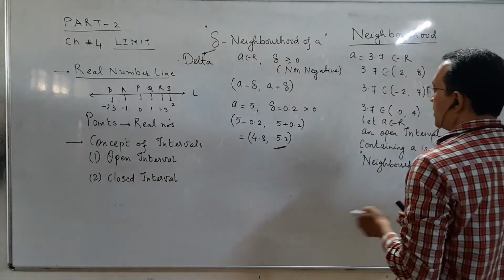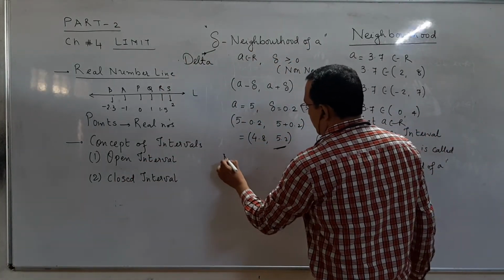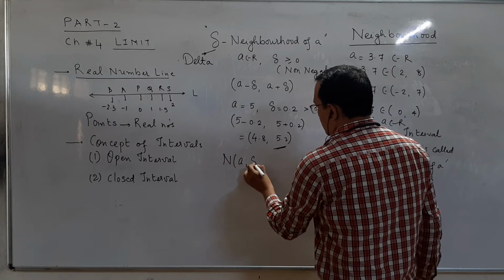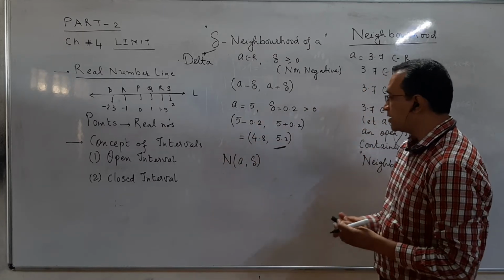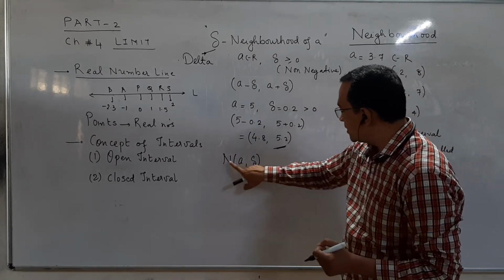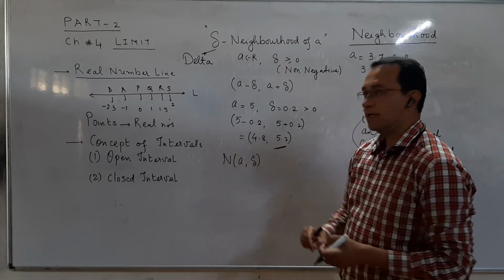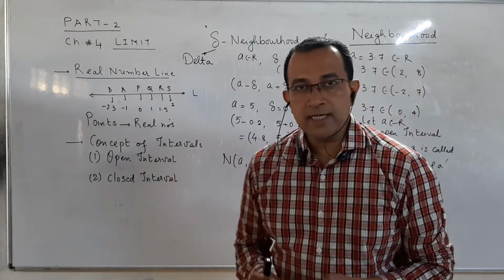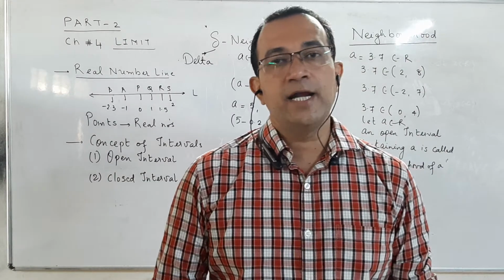Delta neighborhood of A is denoted by N(A, delta). How to read this? How to read N in brackets A comma delta?